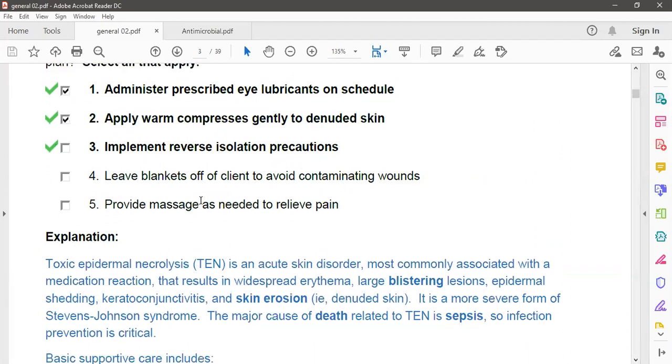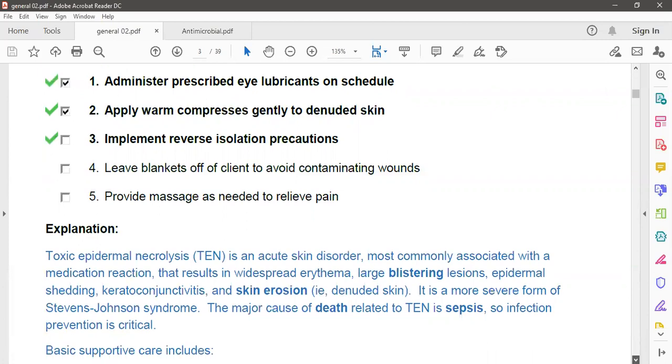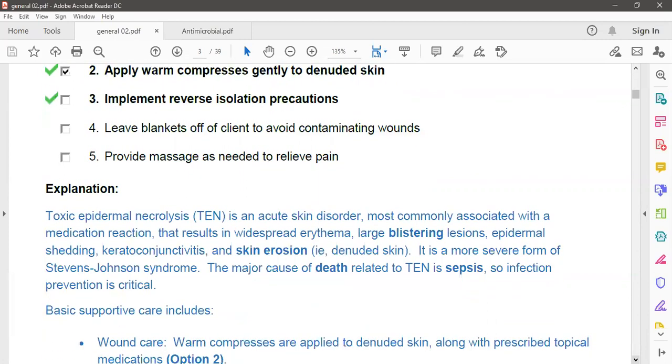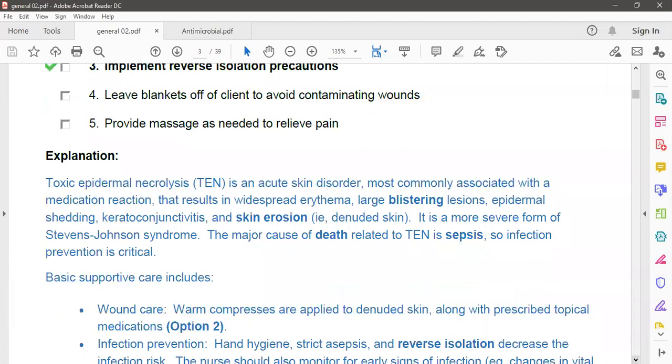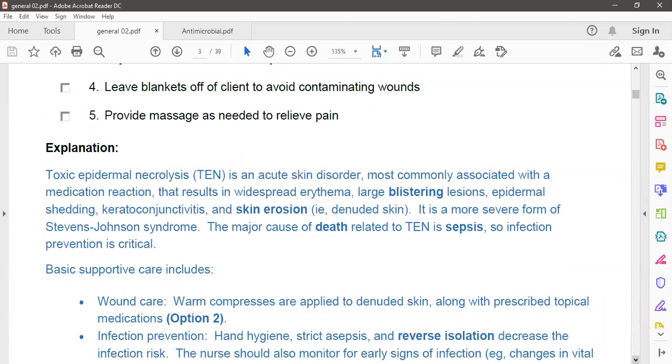Leave the blanket off. Why? Because hypothermia is also a problem for this patient, so you have to prevent temperature loss. So why blanket off? We do not do this, right? And pain management is also important, right?